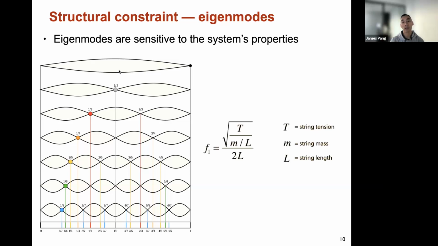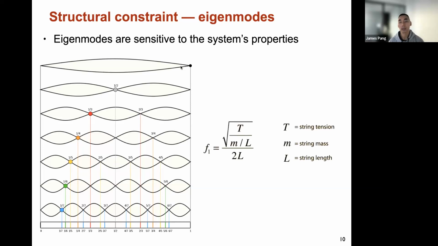So for example, for a string, the frequency of the first mode here on top heavily relies on the tension of the string. That's why when you play a guitar, you can change where you put your finger to change the stoppage, and also on the density of the string, or even the actual length. So this means that the physical properties of a particular system heavily dictate the eigenmodes that emerge.